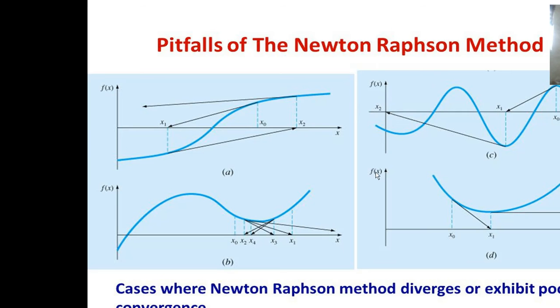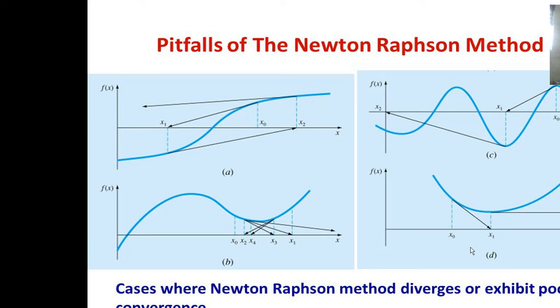And the last case, where the slope is actually parallel to the x-axis, where the slope is 0. So we start with the x0 value, it converges on x1. At x1, when we calculate the slope, it becomes 0, and so it fails to meet the x-axis anywhere, and then it will not be able to identify any root.